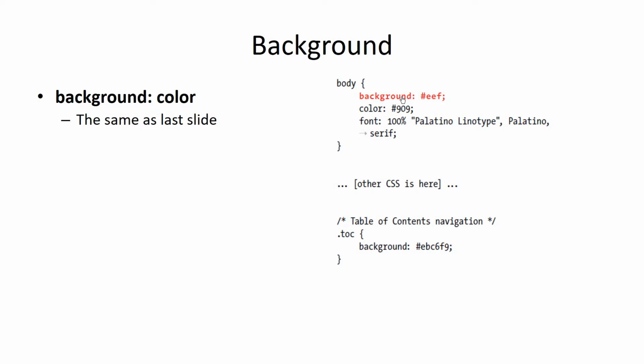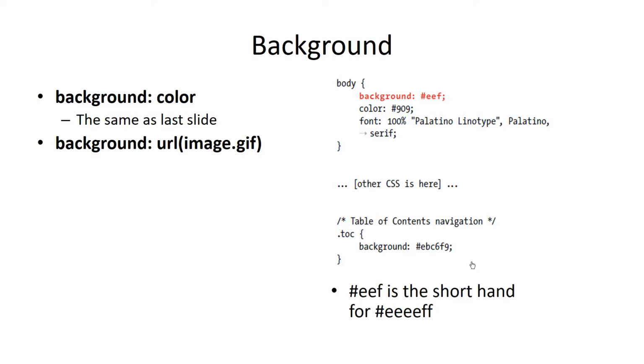We're setting the background using hexadecimal numbers. So start with a hashtag and then EEF. Here, EEF is shorthand for double E for the first E, double E again for the second E, and double F for the F.